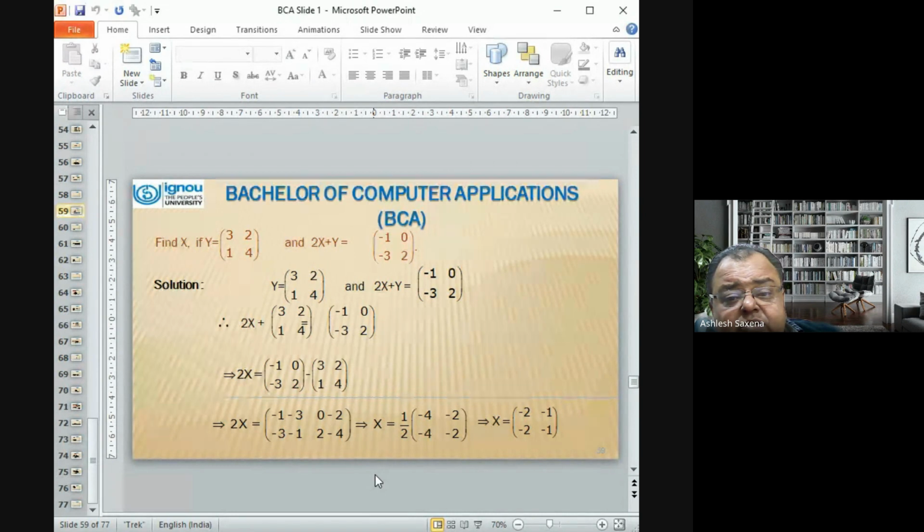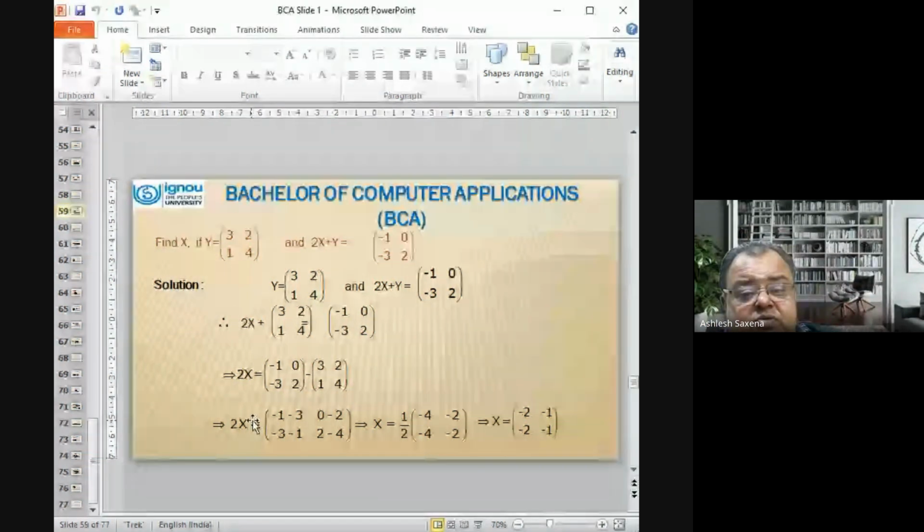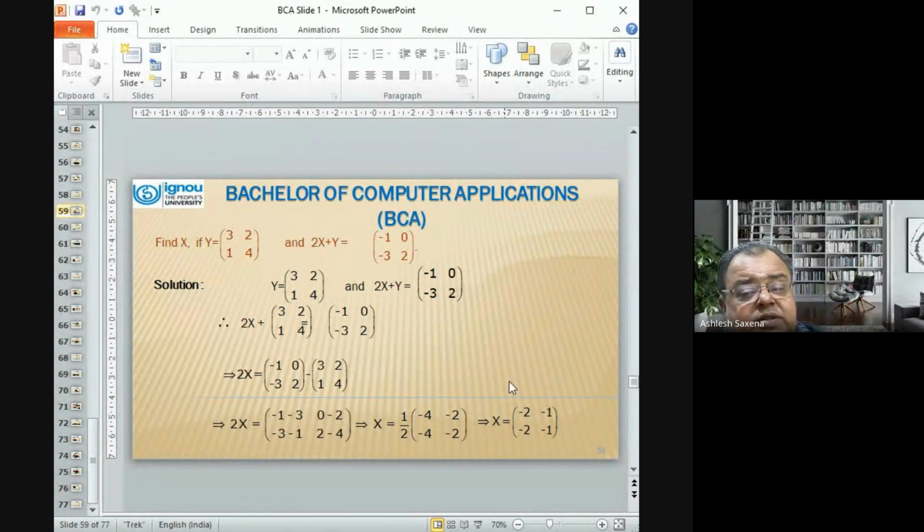And 2 minus 4 is minus 2. I will just bring this 2 to the other side, so it will become 1 by 2 of this. Multiply each element by 1 by 2. You will get minus 2, minus 1, minus 2, minus 1. This is your matrix.